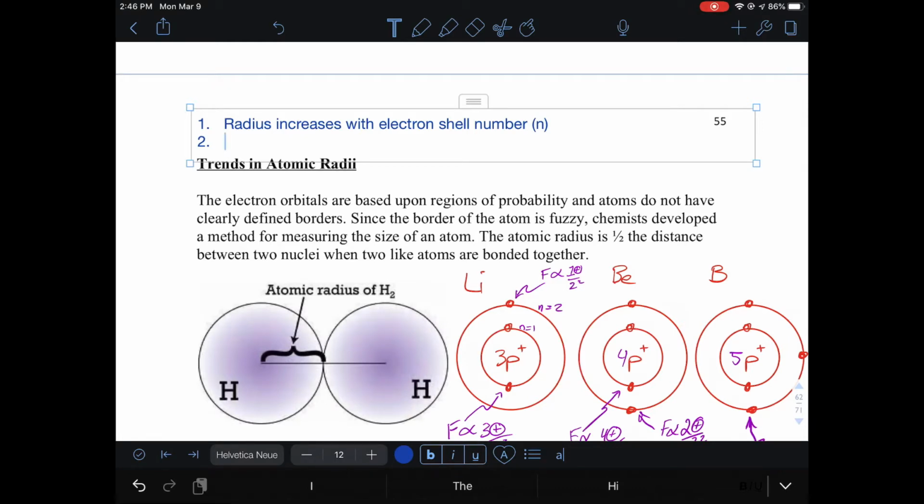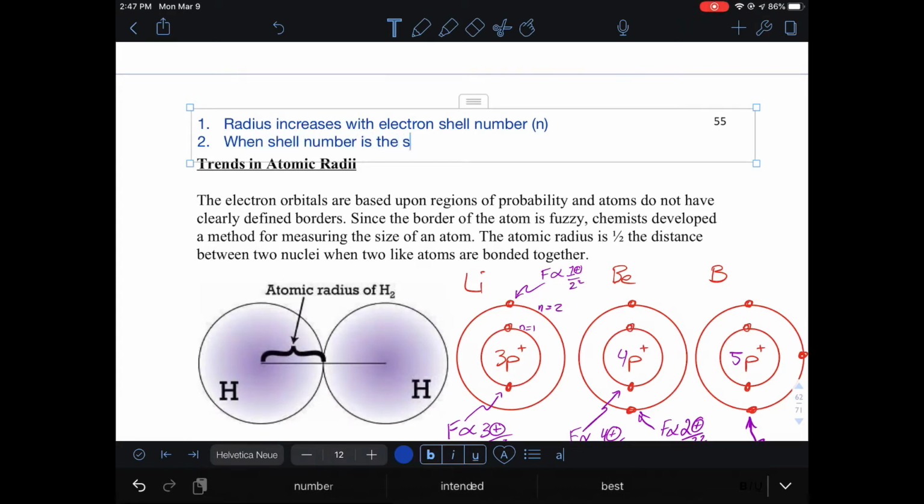The second feature is to consider the effect of shielding and the effect of the nuclear charge, the nuclear charge effect for elements the same size.